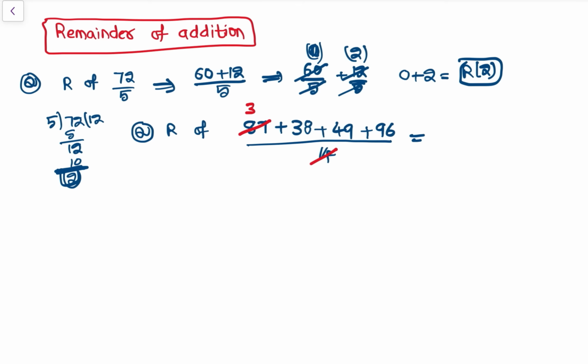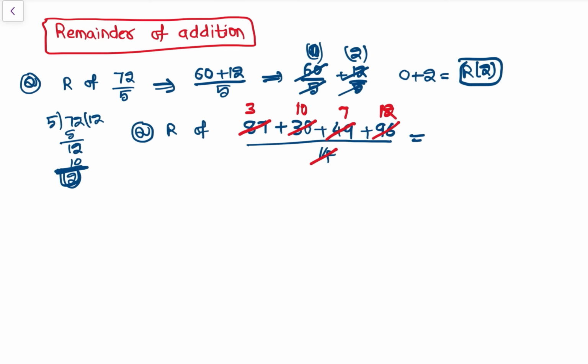Then 14 2s are 28, so remainder is 10 for this. 14 3s are 42, so remainder is 7 here. Then 14 6s are 84, so remainder is 12 here.